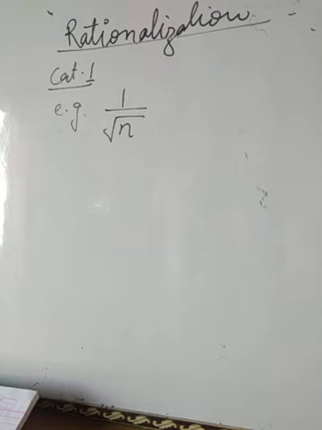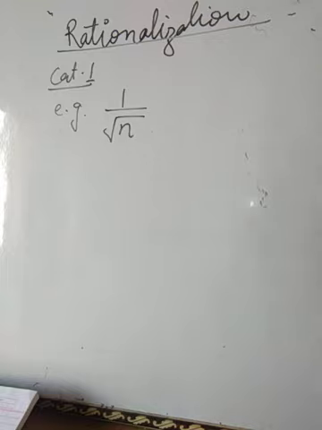The meaning of rationalization is that we cannot write a rational number in such a way that the denominator is an irrational number, right? We should remove this root sign. To rationalize the denominator, we multiply by its rationalizing factor, and the rationalizing factor of root n is always root n.